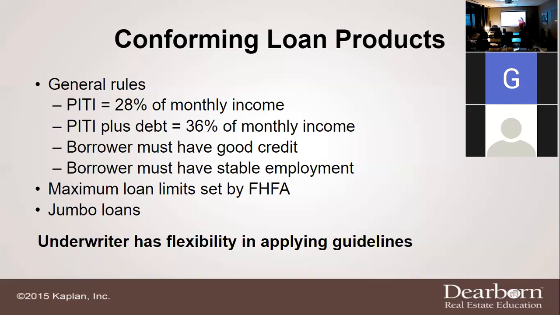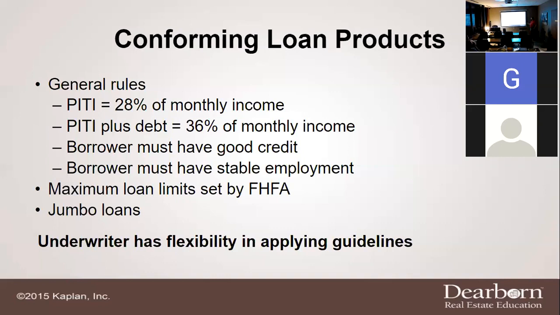If that happens, that individual has to go into a jumbo loan, and it's very difficult, we'll say right now, to get them approved. Because jumbo loans oftentimes are for people that are trying to get $1 million houses.